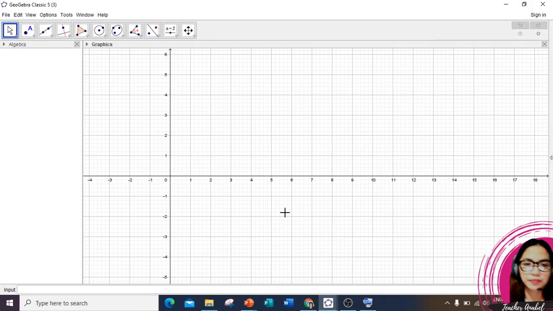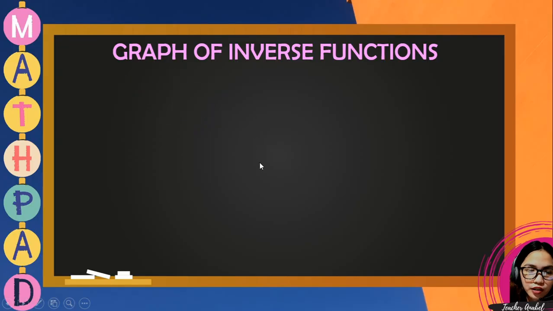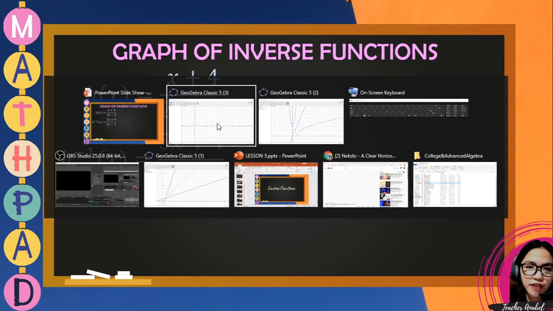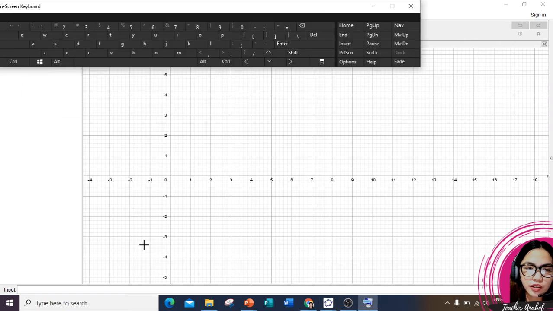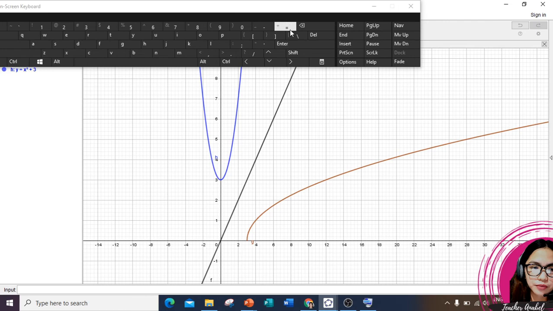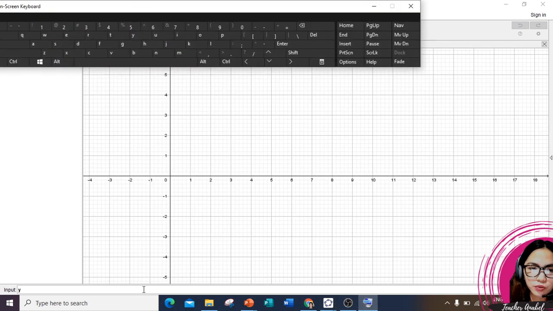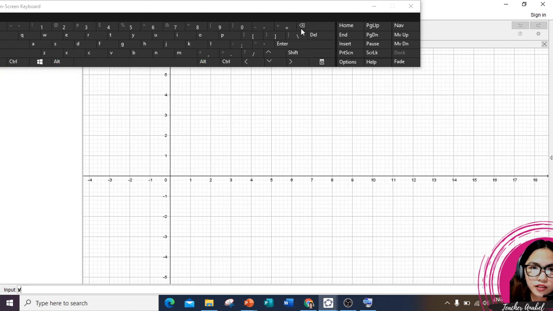example. So, let us check first the given. Ang given natin yan. So, the first function is x plus 4 over 2x minus 5. So, we have here the reference line na. Y equals x.